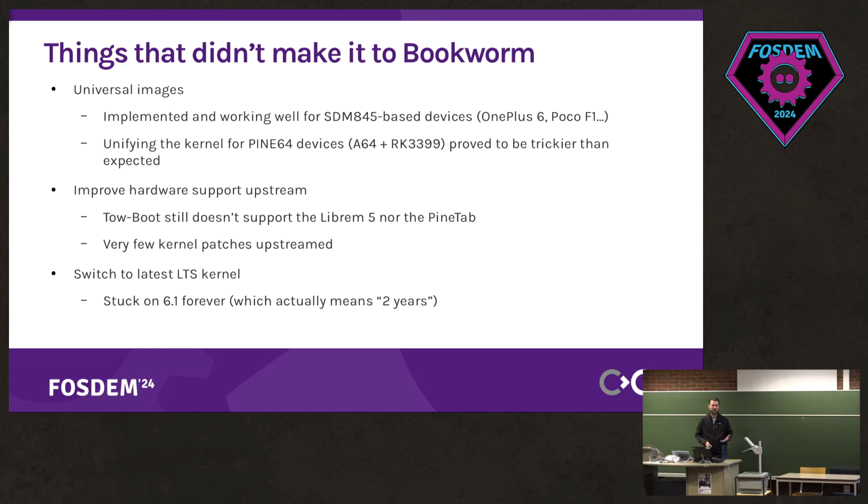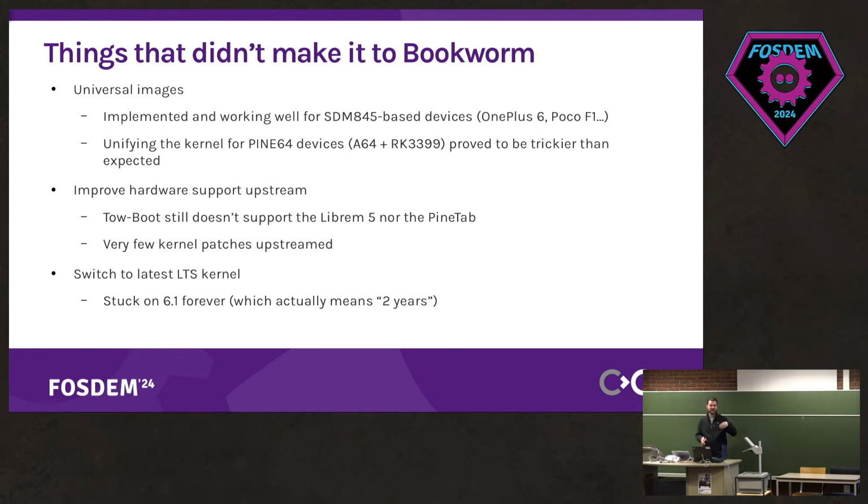There are, however, a few things we wanted to include in this release that couldn't make it. First one is universal images. The plan here would be to have a single kernel package for all supported devices. It's working quite well for SDM845 devices because they share already a single kernel, and the people working on those devices all put their patches into the same repository.